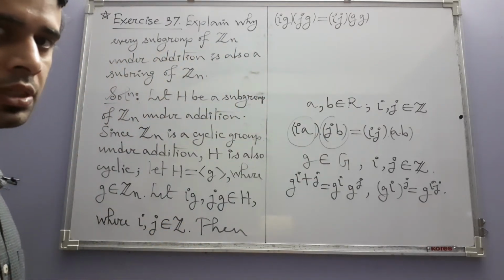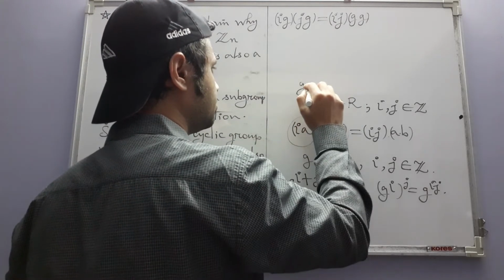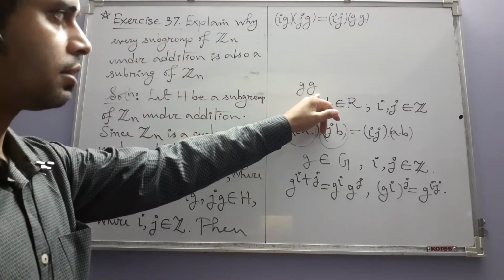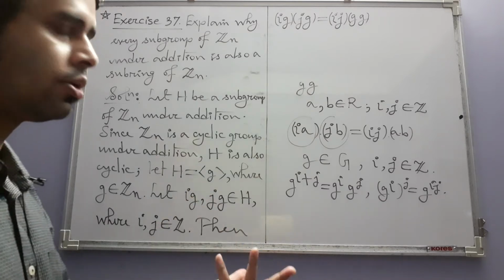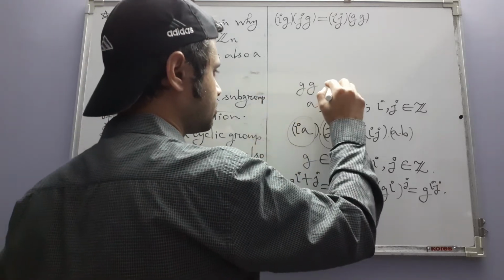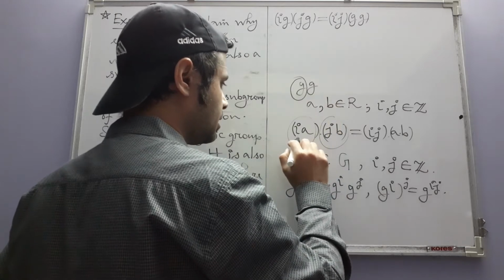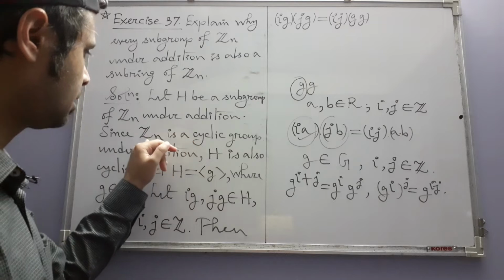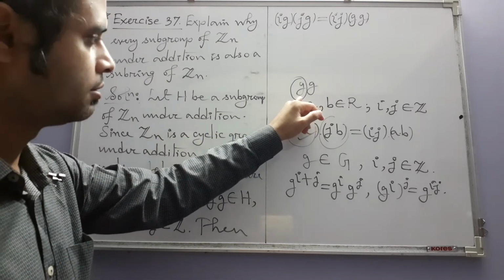They will both give us the same thing, but we can interpret gg either as the product of the two integers, g squared modulo n, or you can interpret it like this, where the second g is considered to be coming from Zn and the first g is an integer.